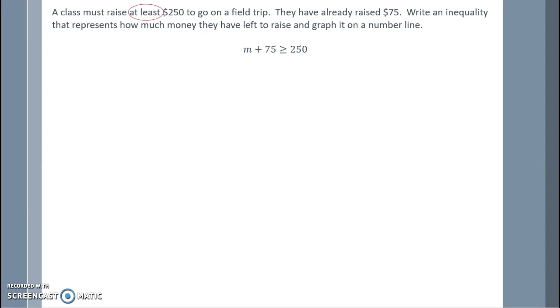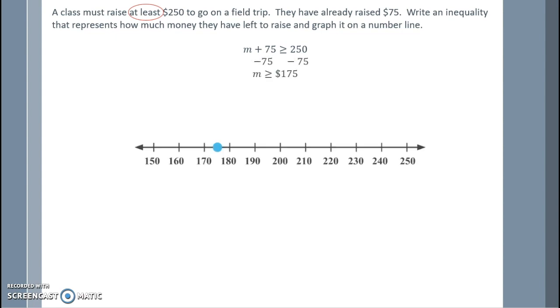Our hint here is the word at least. So M plus 75, so the money they have plus the $75 they've already raised has to be greater than or equal to $250. Using addition inverse, we would subtract 75 from both sides such that the money we need needs to be greater than or equal to $175.